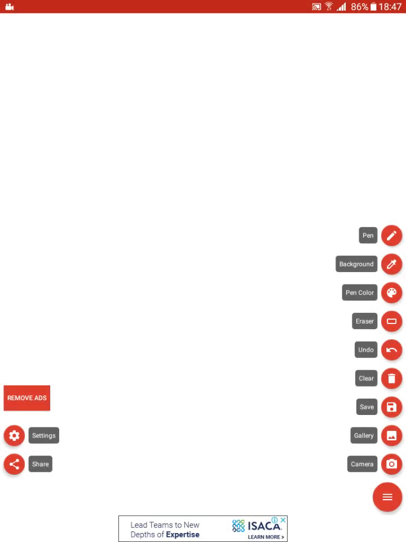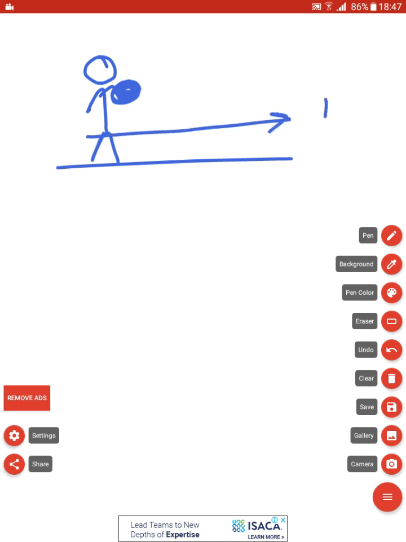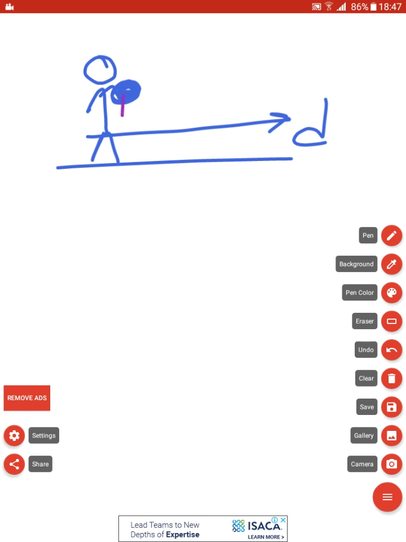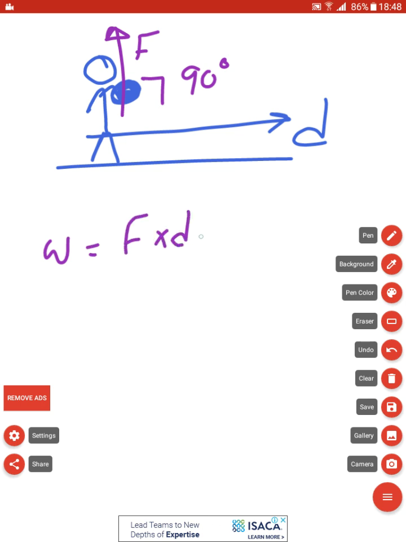What if we have an object held by a student and the student is moving forward, this is the distance, and he acts by a force upward. So the angle between force and distance is 90 degrees. So work equals force multiplied by distance multiplied by cosine of the angle between distance and force, which is 90.